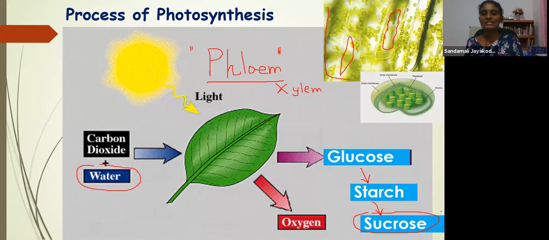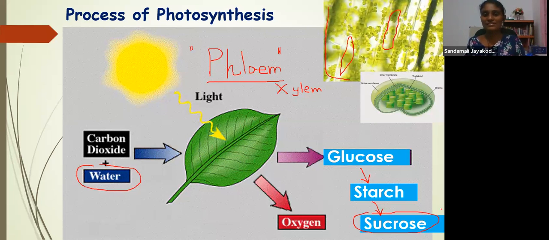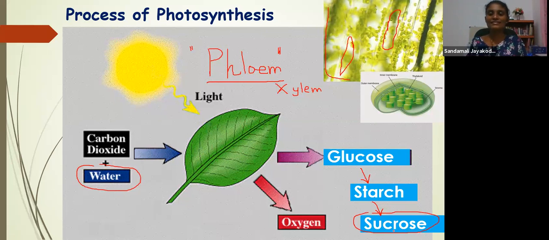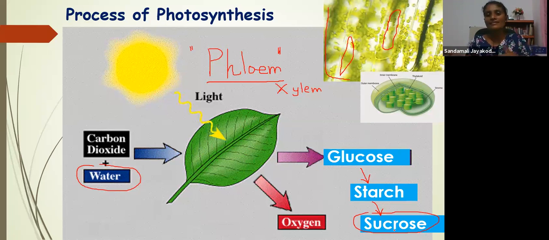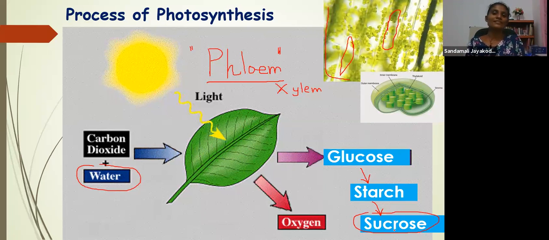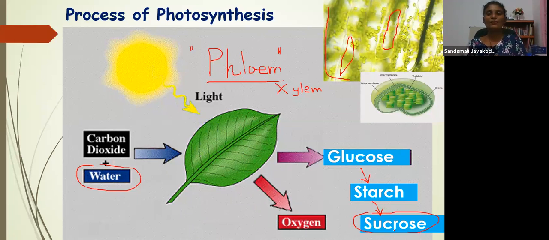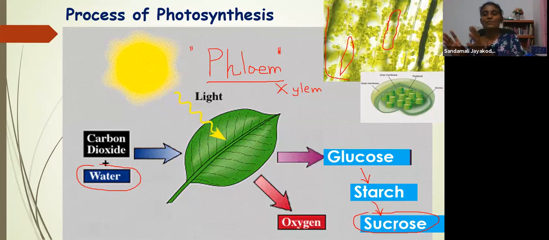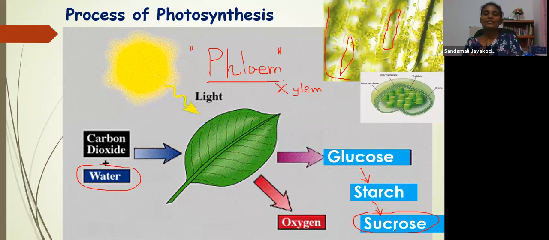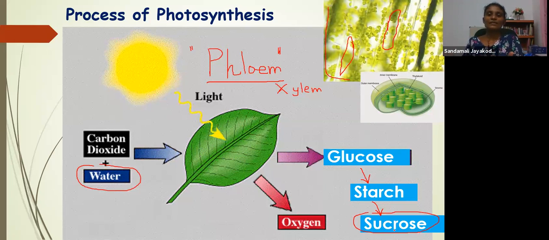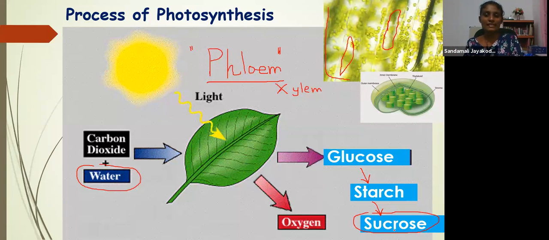Fruit sugar is stored in fruits. So the sucrose is again converting into different things in the plant body. That is the normal process of the glucose, what happens to it.